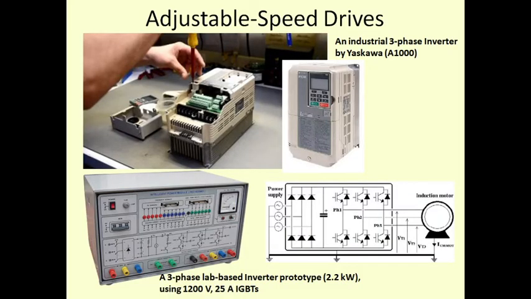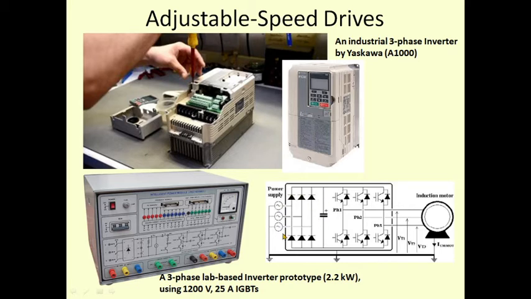Now, another example for inverters is adjustable speed drives. This is an industrial drive, or we can say inverter. Let me explain what is inside this. We have an AC supply coming from the grid side. We convert it into DC.